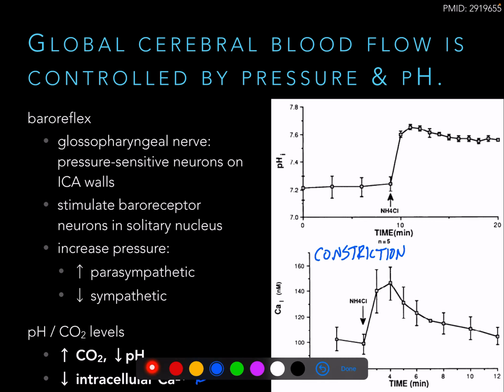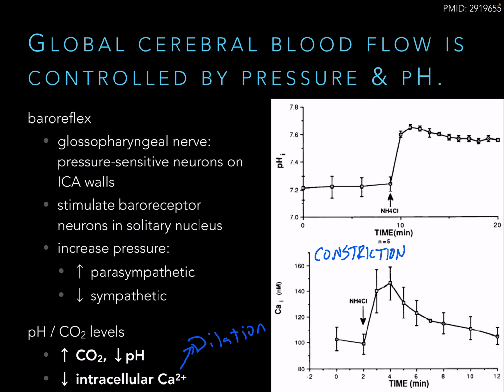I've chosen a very poor spot to write that. And that dilation is triggered by that drop in intracellular calcium. So if our blood gets acidic, because we're building up carbon dioxide, let's increase blood flow so we can move blood around, get more of it to the lungs and exchange gas, and bring more fresh blood to the brain.